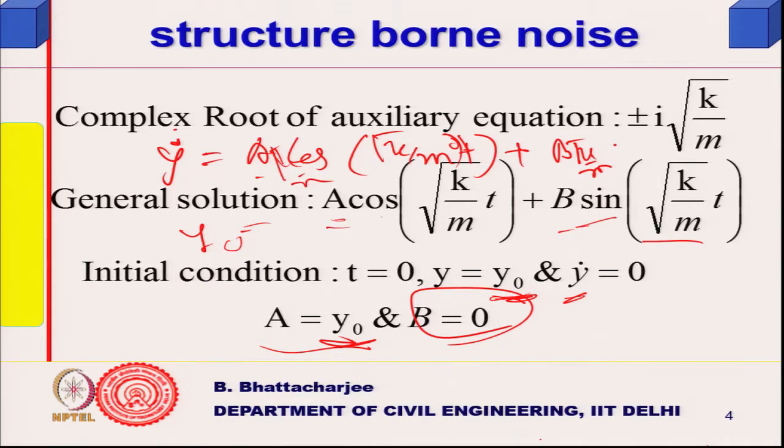Cos differentiated gives minus sine. When t equals 0, this sine term goes to 0, this cos term will be 1, but y dot equals 0. So, this is the situation.